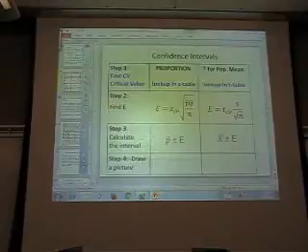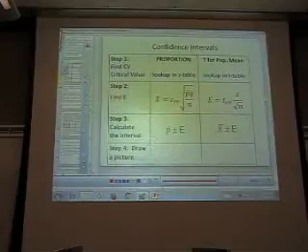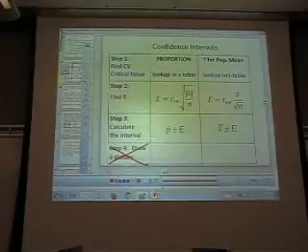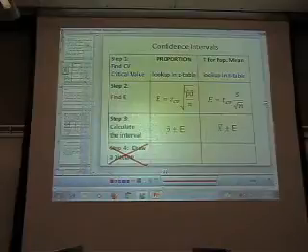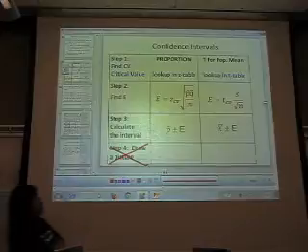Thank you. Confidence intervals. So here are the steps. You should find the critical value. Find your margin of error, E. That's what that E is, margin of error. And then calculate the interval.